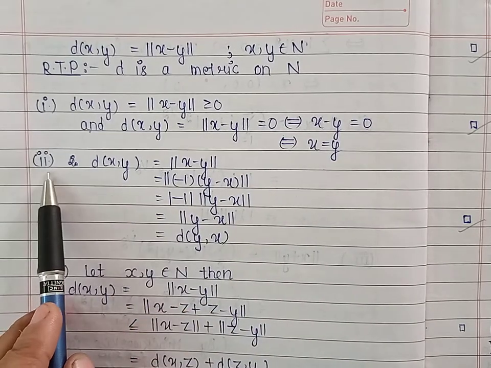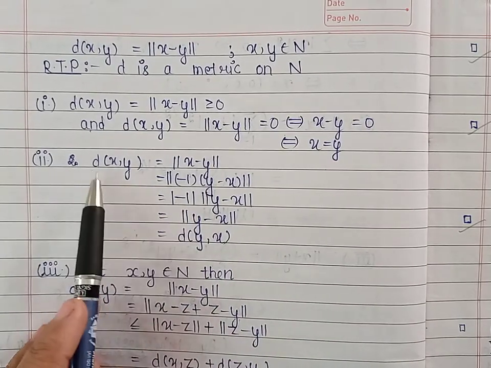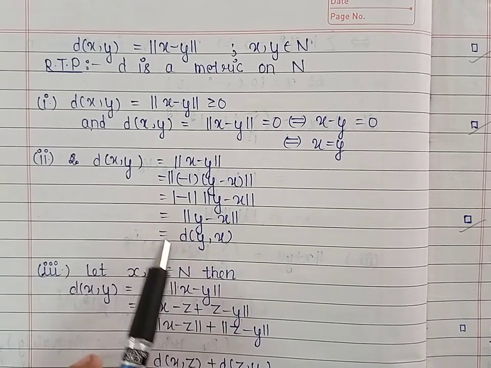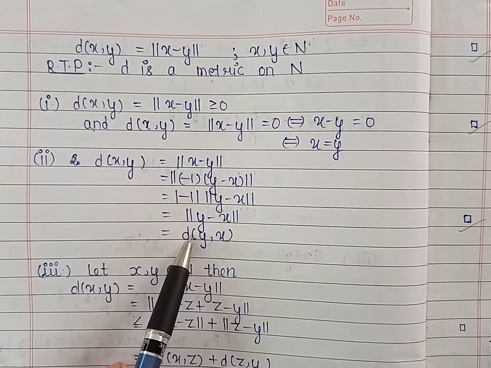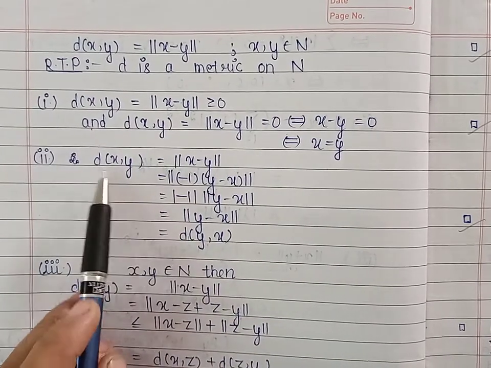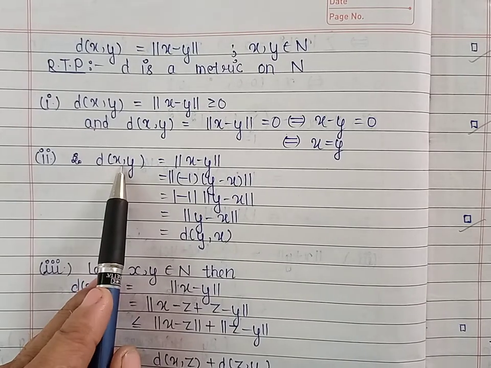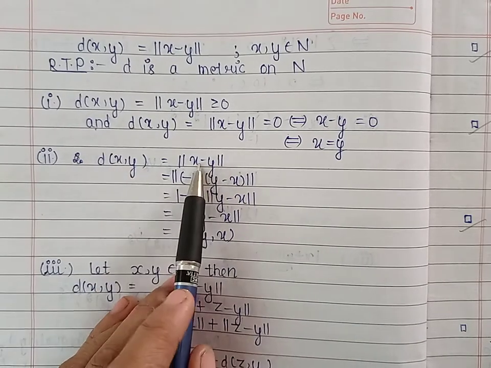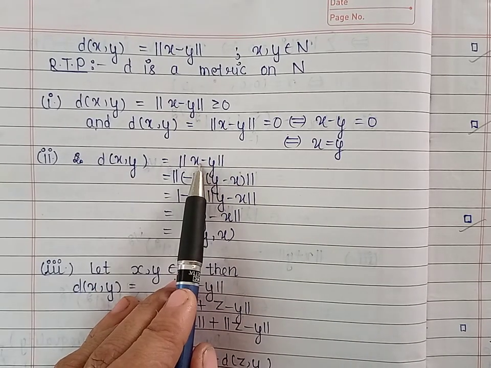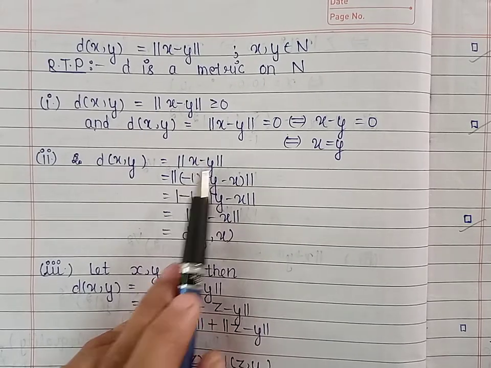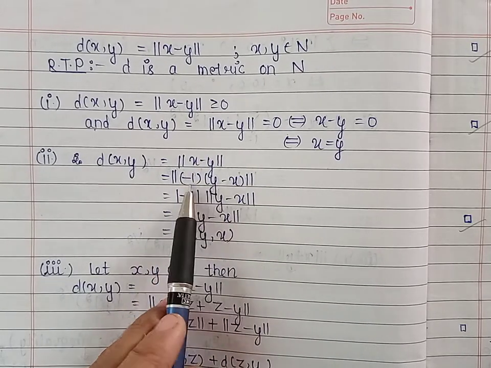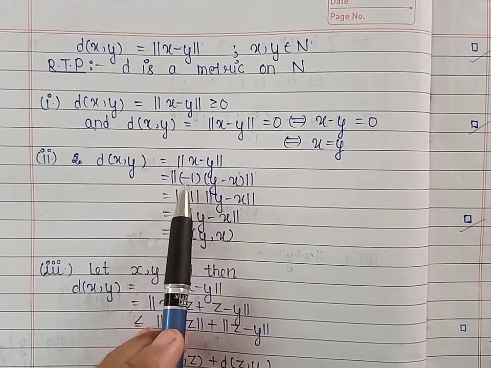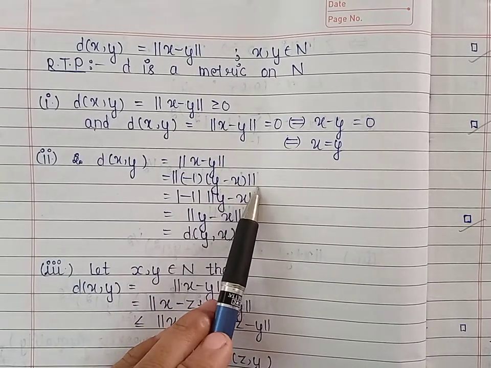Now the next property, symmetry, means the distance between x and y is the same as the distance between y and x. So let us find the distance between x and y. By definition, the distance between x and y is given by the norm of x minus y. Now we can take minus 1 common from here. This will become the norm of minus 1 into y minus x.